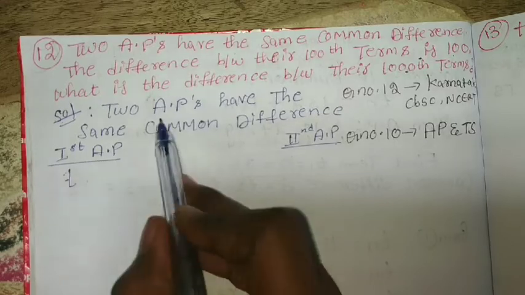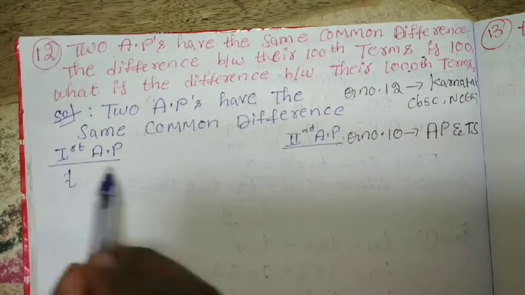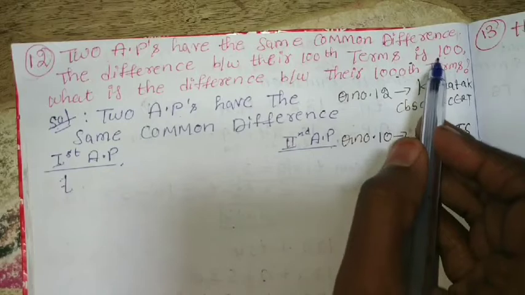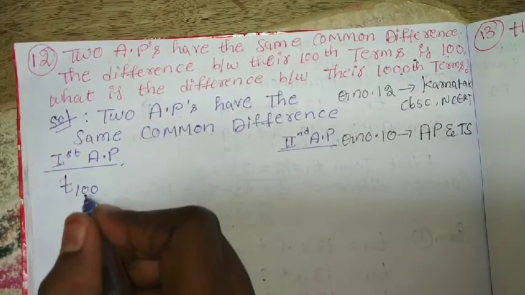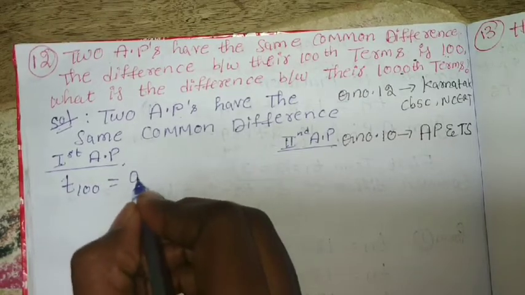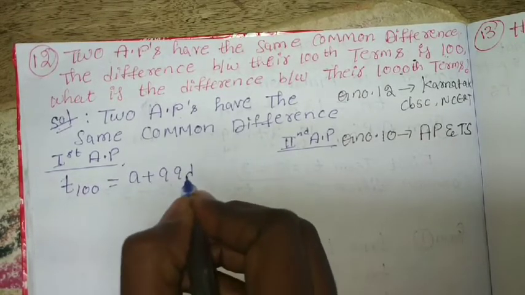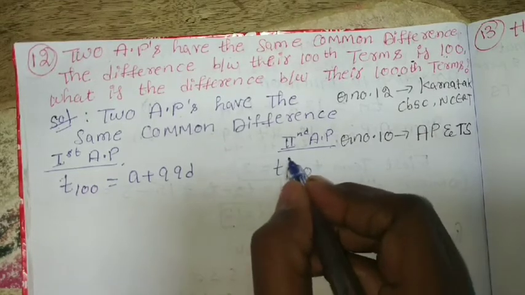So two arithmetic progressions have the same common difference. In the first arithmetic progression, we'll take the 100th term. What is the formula for T100? That is A plus 99D. In the second arithmetic progression, I can write the same, that is T dash.